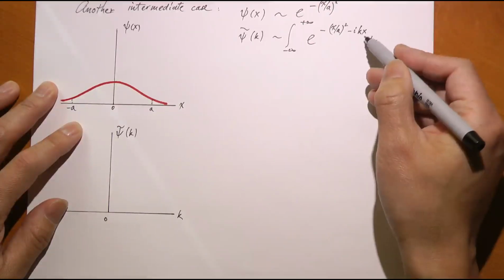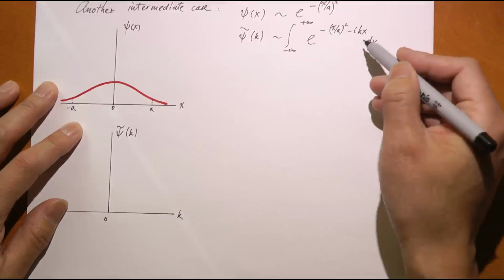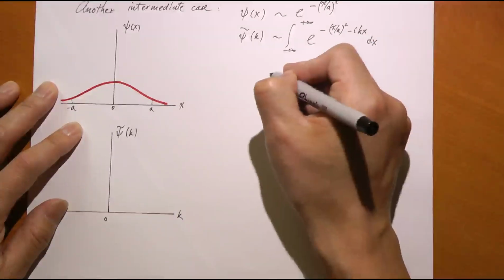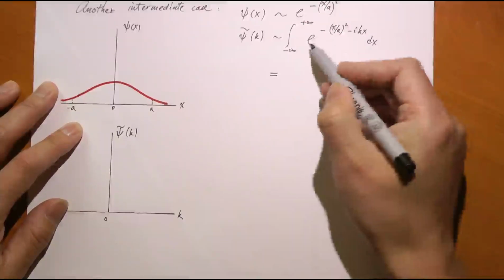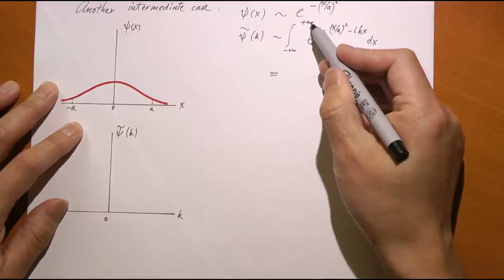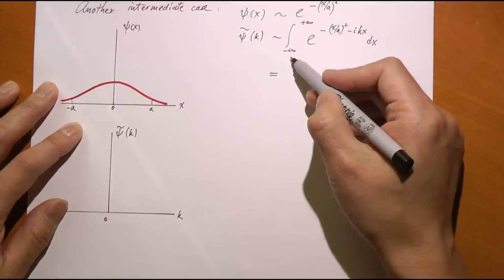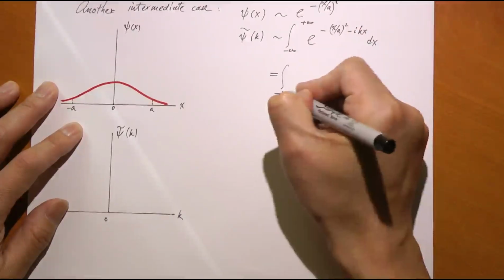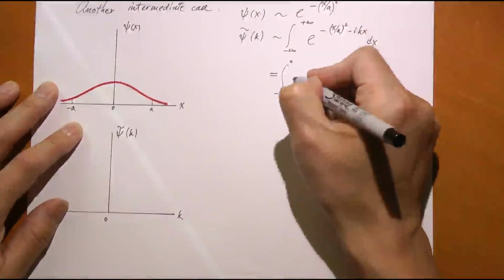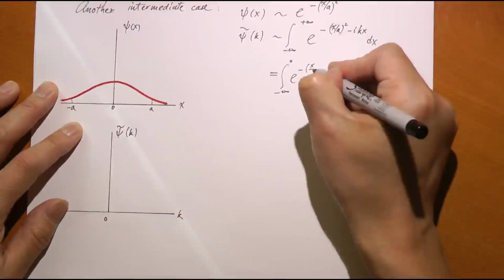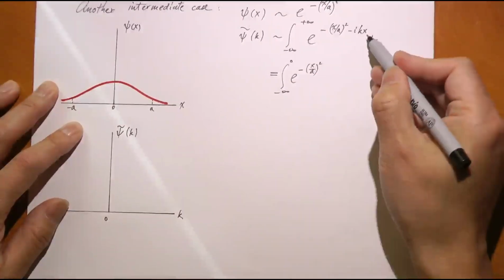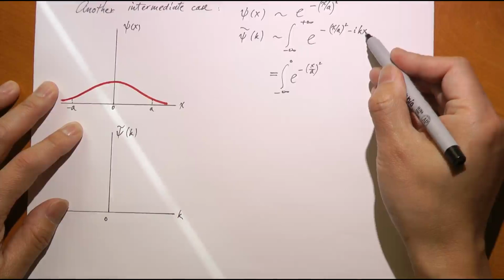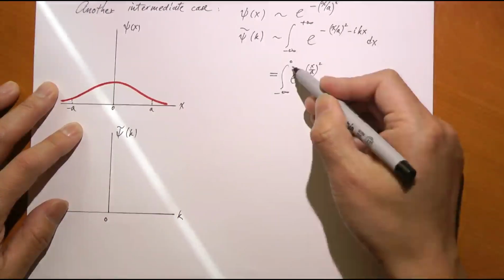And it turns out you can change that to a cosine function, believe it or not. So here's what I'm going to do. I'm going to divide this integral into two sections, from negative infinity to 0, and then from 0 to positive infinity. Negative infinity to 0, e to the power negative (x over a) squared. Now, this is where x equals a negative value, right? Between here and there, it's a negative value.